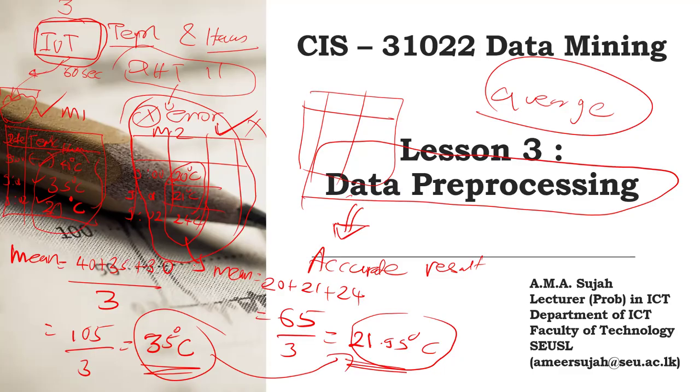Then only you get good, accurate results, or your model works properly, when you clean the data after you apply the data pre-processing techniques. Definitely you get correct values as an output, right? Otherwise it's very difficult to get accurate decisions based on your models.